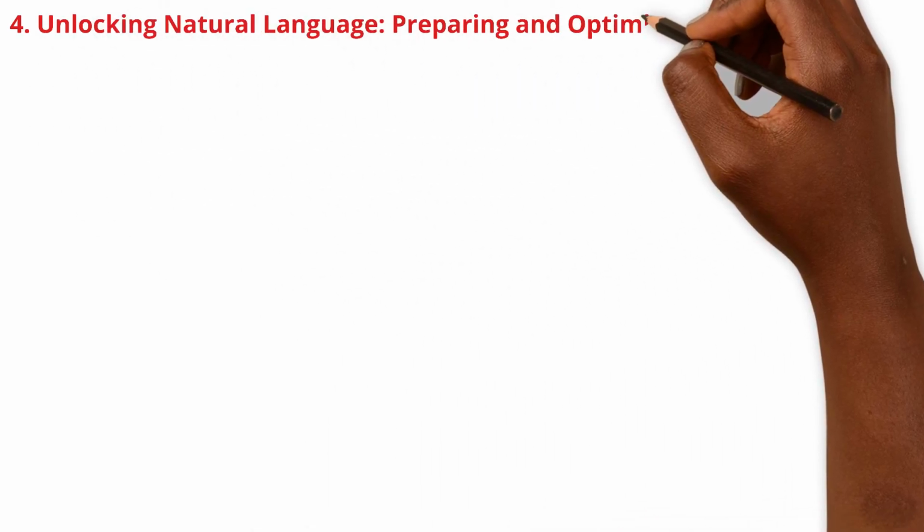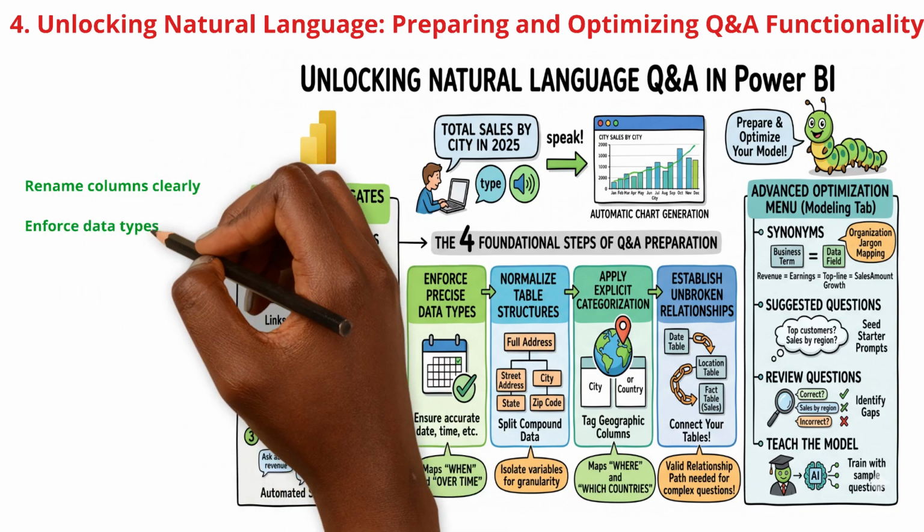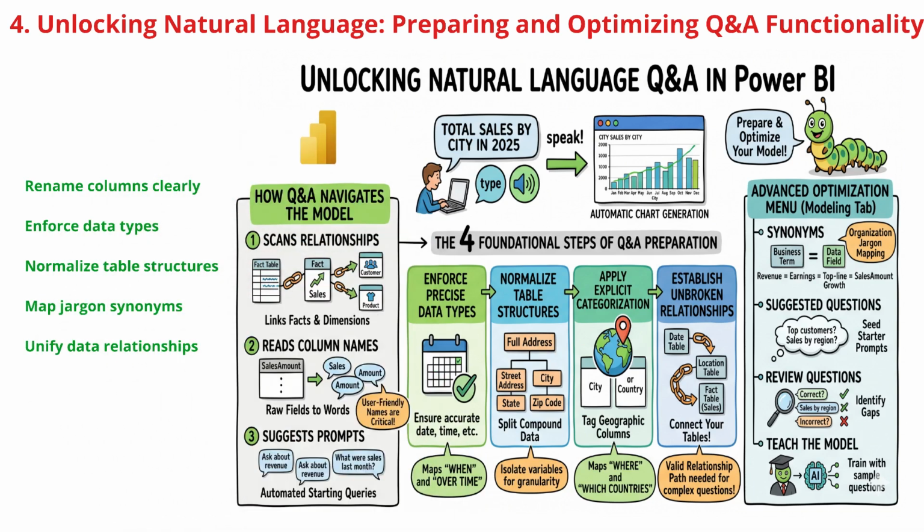Power BI's Q&A feature feels like magic, turning a typed or spoken question like total sales by city into an instant chart. But that magic requires groundwork. The Q&A engine works by scanning table relationships, reading your column names as words, and suggesting starting prompts. To optimize accuracy, you must master the 4 foundational steps of preparation.